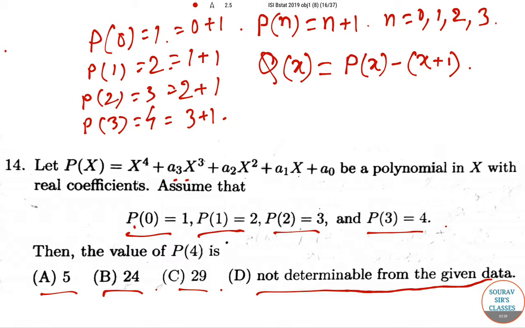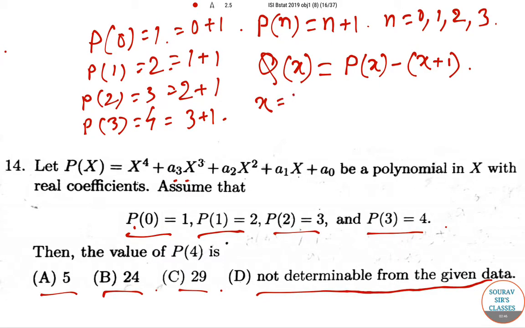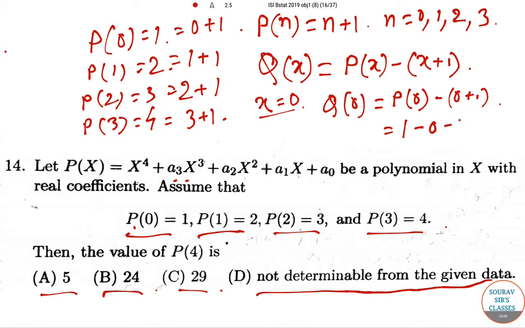Now for x equal to 0 we have Q(0) equal to P(0) minus 0 plus 1. Here P(0) equal to 1, so 1 minus 0 minus 1 equal to 0.